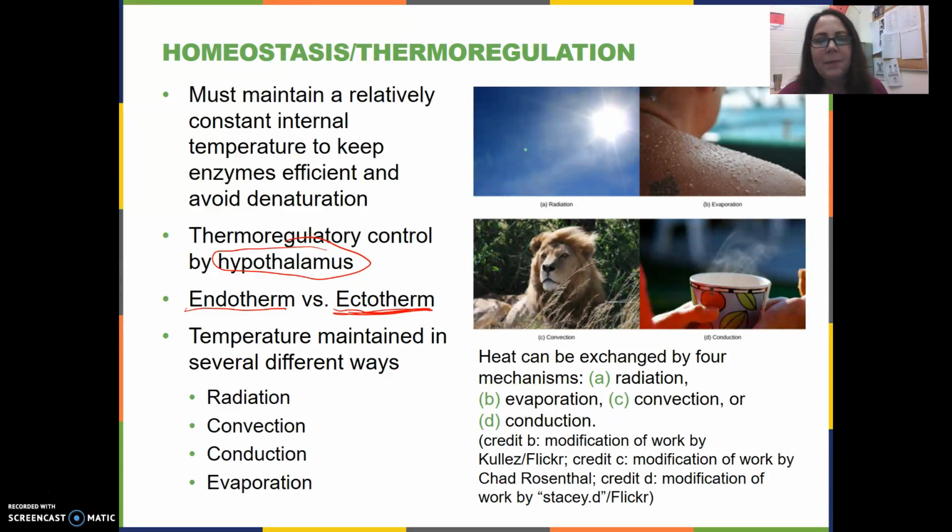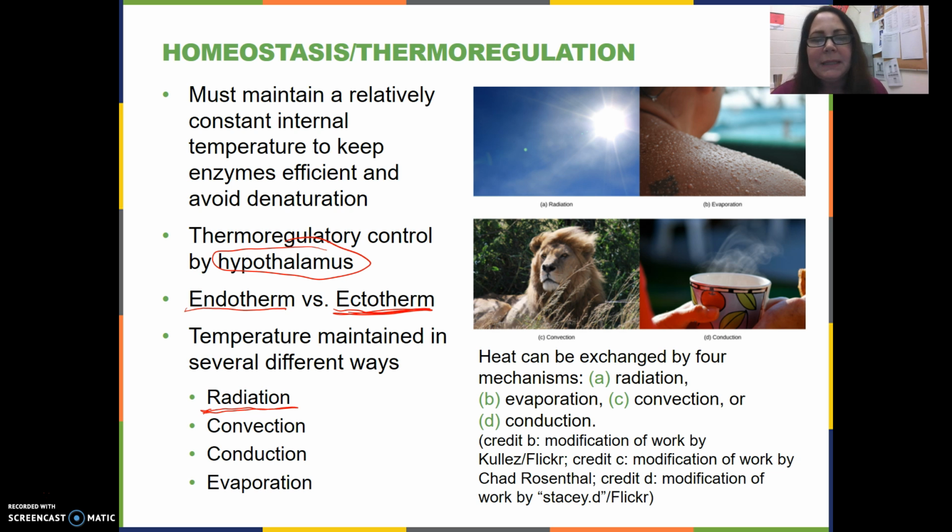It helps to regulate the body temperature. There's several ways to maintain temperature in ectotherms. They have to basically raise and lower their body temperature. Their body temperature is going to match the environment.